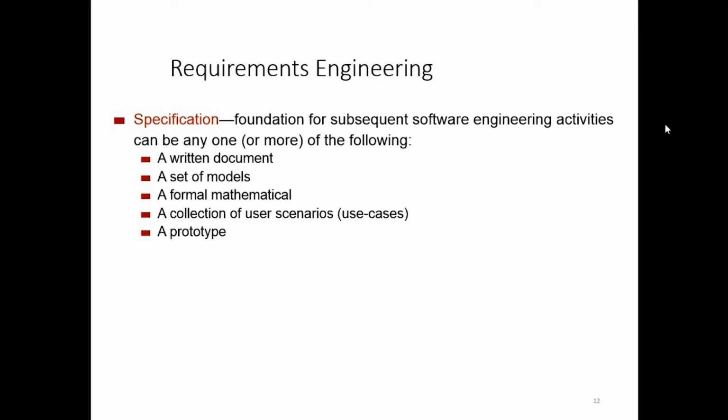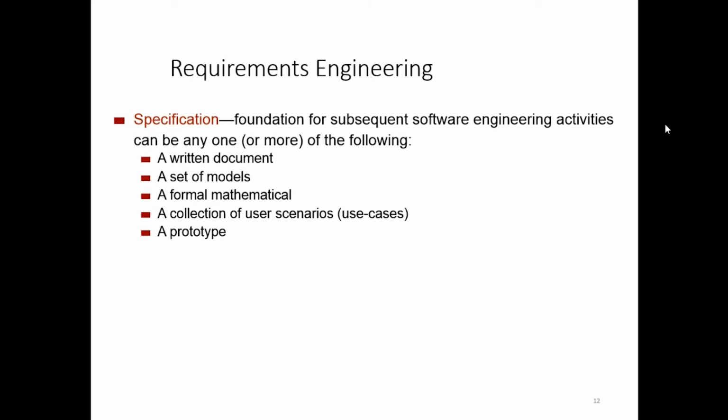It is the foundation for subsequent software engineering activities, and it can be any of the following: a written document, a set of models, a formal mathematical model, a collection of user scenarios, or a prototype.